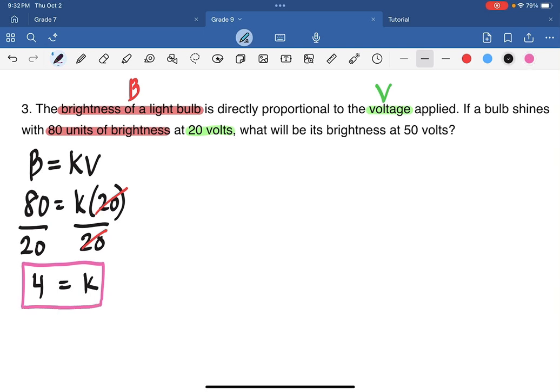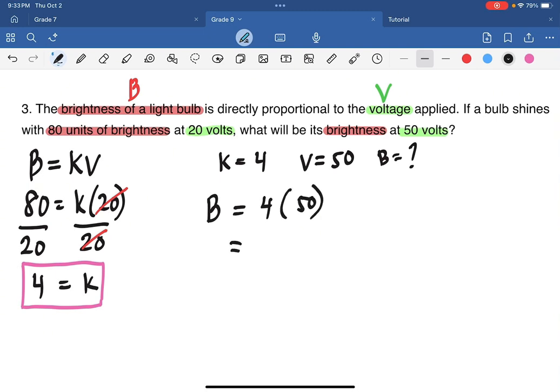Now, given that K is 4, what is being asked is what will be its brightness, and we have another given for the second part of the problem, which is 50 volts. So for V, we have 50, and B is what we are looking for. Now B equals 4 times 50, and 4 times 50 is 200.